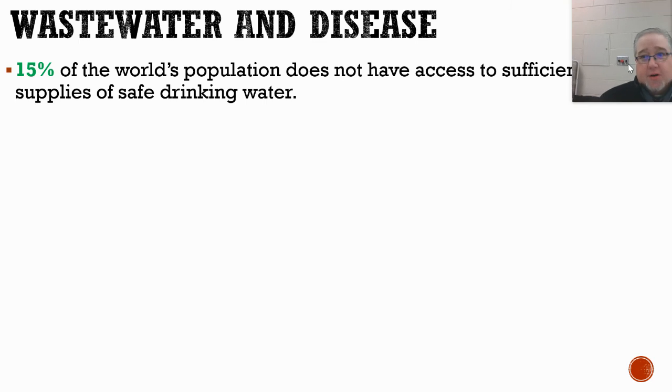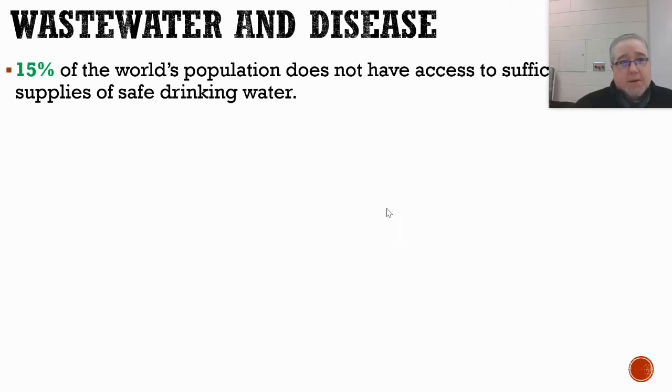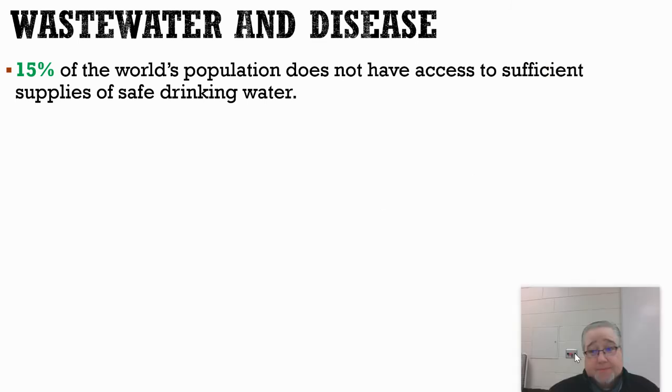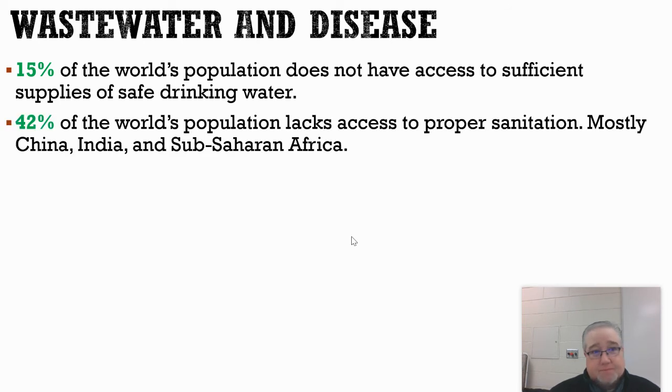Just a few statistics here I want to throw at you real quick. 15% of the world's population does not have access to sufficient supplies of drinking water. So, what that basically means is that 15% of the world doesn't have a sink. They don't have a way to get fresh water coming into their homes.